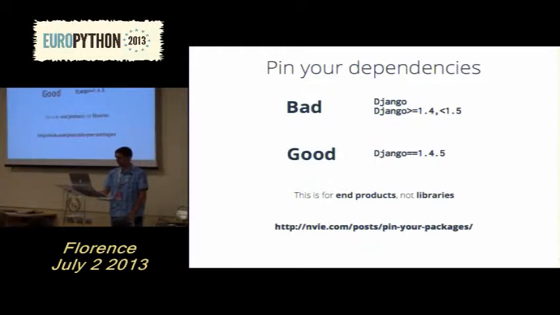Django here is a nice example because Django 1.4.5 was a security release where they introduced a new setting that was required in production when debug is false. So you would only notice that you missed this setting when actually deploying the app.